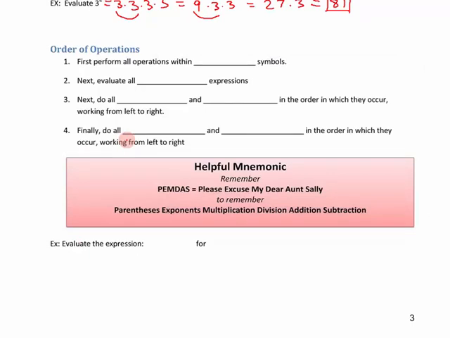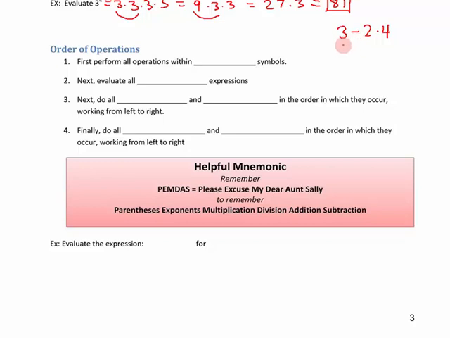So we've got to make sure that whenever we see an expression that has several operations involved, whether it's addition, subtraction, multiplication, division, powers, or roots, that we know what order to perform those operations in. Because clearly, if I do 3 minus 2 times, say, 4, I'll get different answers if I do the subtraction first and then the multiplication than if I do the multiplication first and then the subtraction.